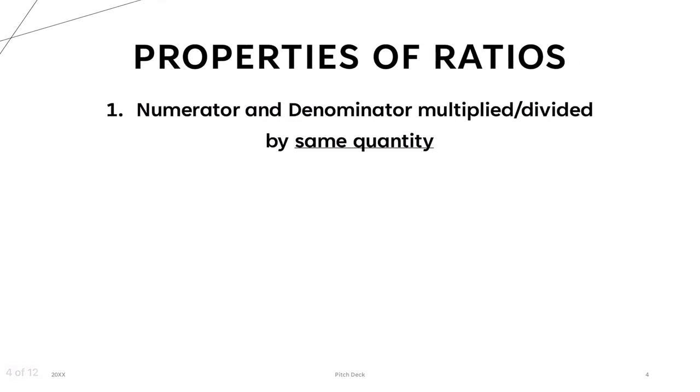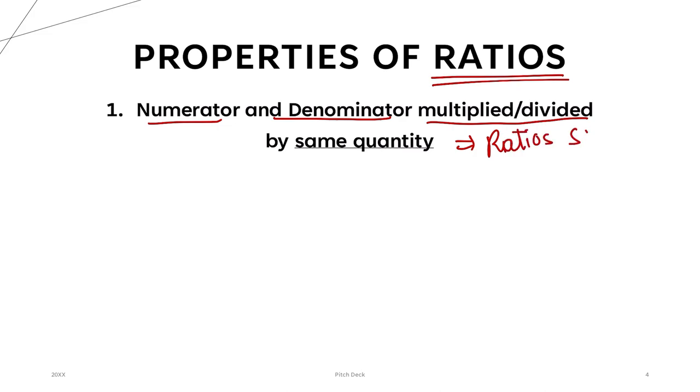Now, moving on. The next thing is the properties of ratio. We are going to see two major properties of ratios which we are going to use extensively in our questions. If the numerator and denominator are multiplied by the same quantity, then the ratio remains the same. How?